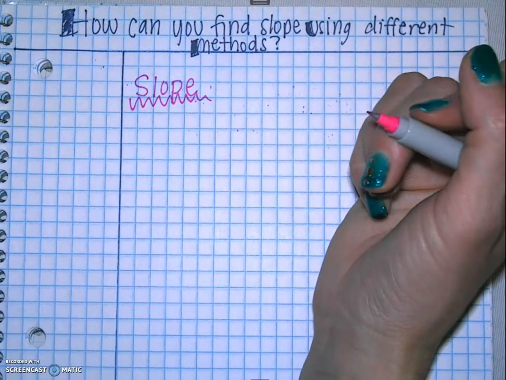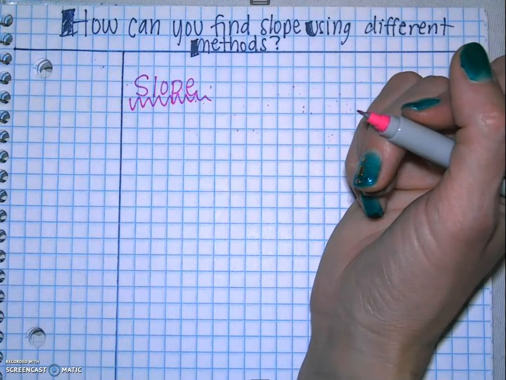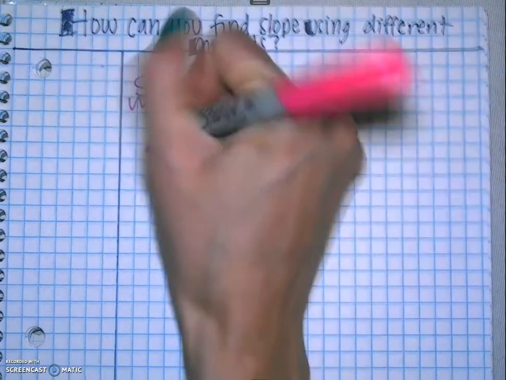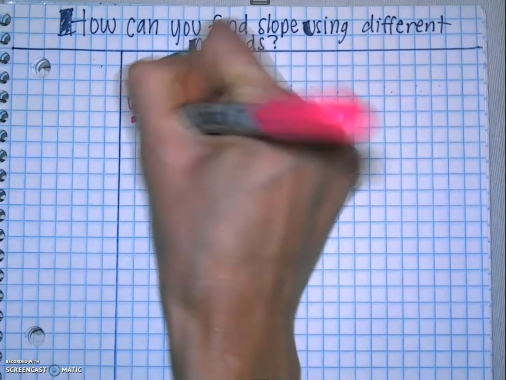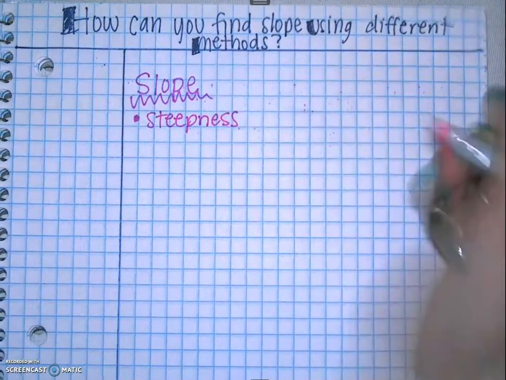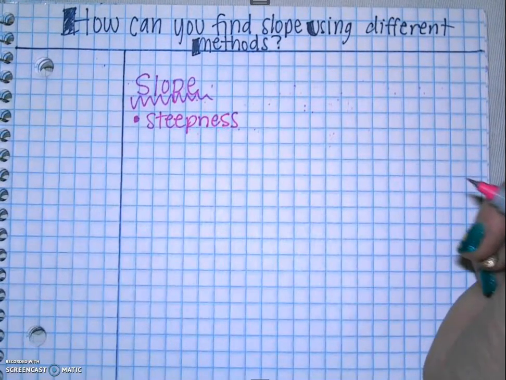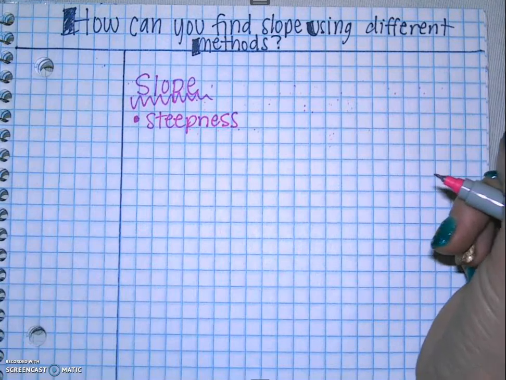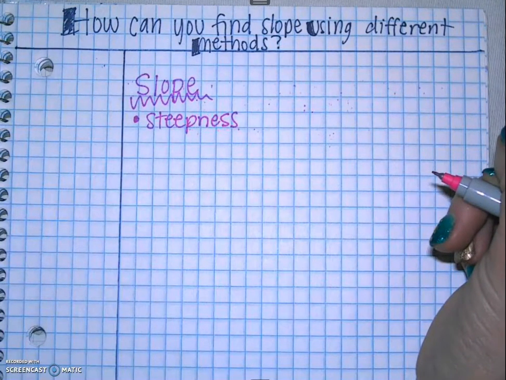Now, if you remember, slope is steepness. That's an easy definition. So it's steepness. So think about a hill, something that has a slope to it. That's what steepness is. Okay?